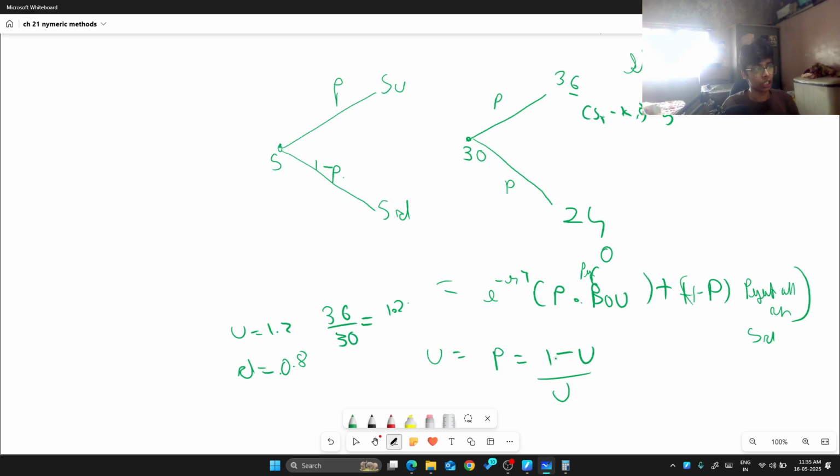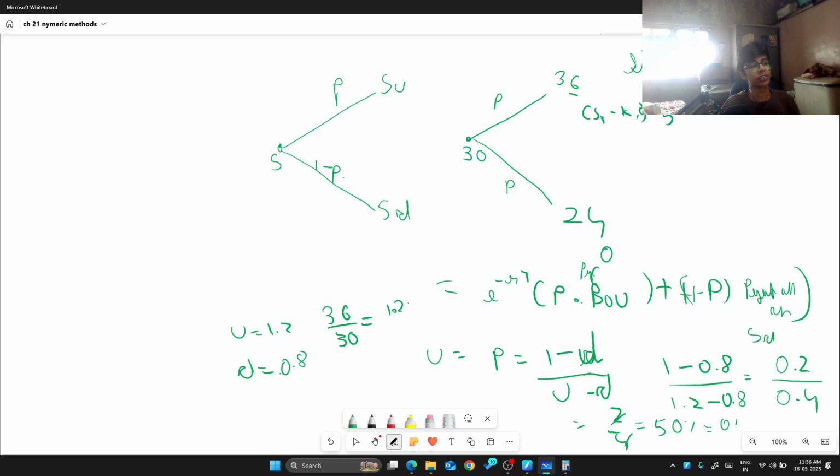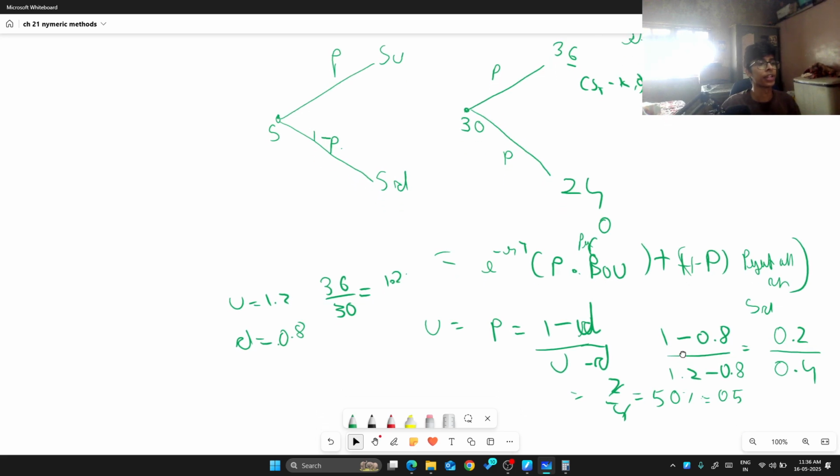So our probability formula is p equals (e^(rT) minus d) over (u minus d)... taking it simply, that is (1 minus 0.8) over (1.2 minus 0.8), which is 0.2 upon 0.4, that is 2 by 4, that is 50% or 0.5. Okay, the probability is 0.5.